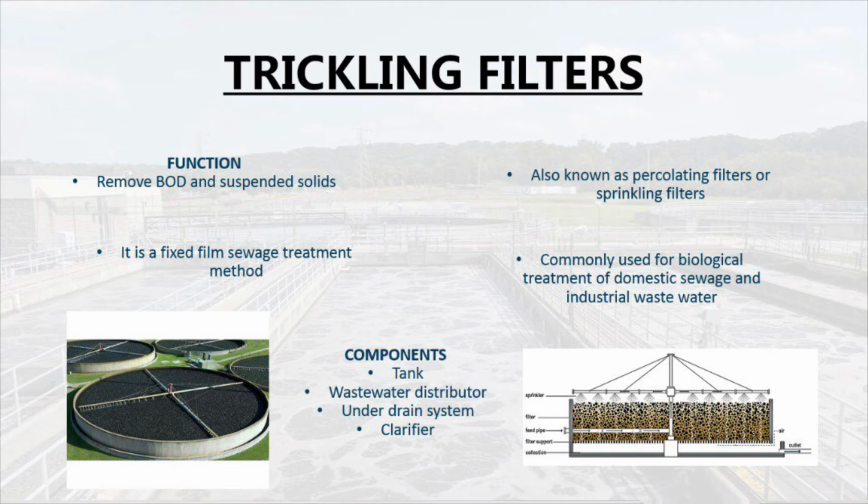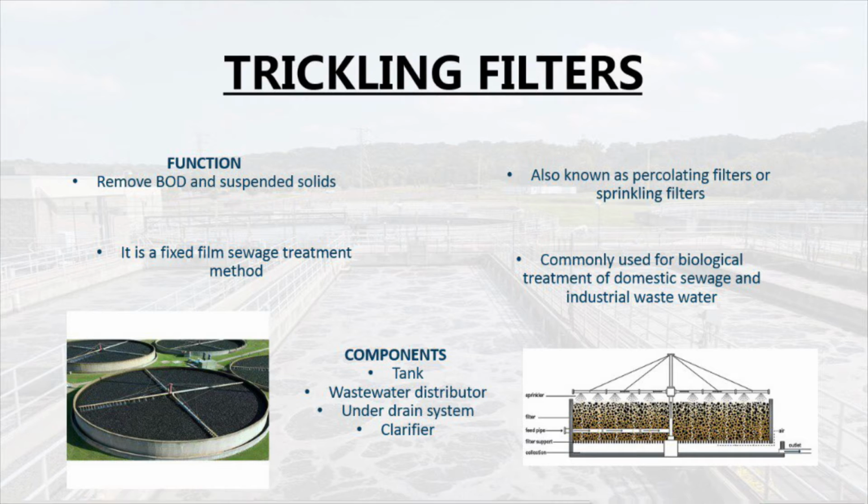Next is the underdrain system that collects the treated water and biological mass that has been sloughed from the biofilm material. Last is the clarifier, also called humus tank, to separate solids from treated water.